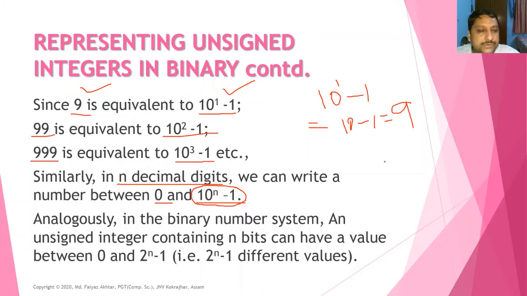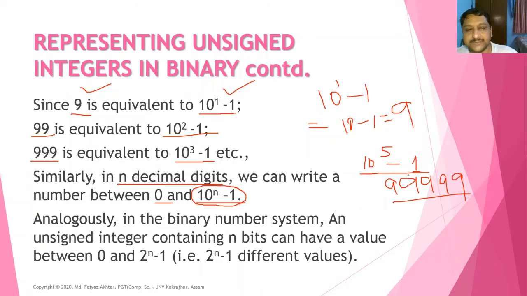Suppose we take the total number of digits as 5. Then 10 to the power 5 minus 1 will be the largest number, that is 99999.